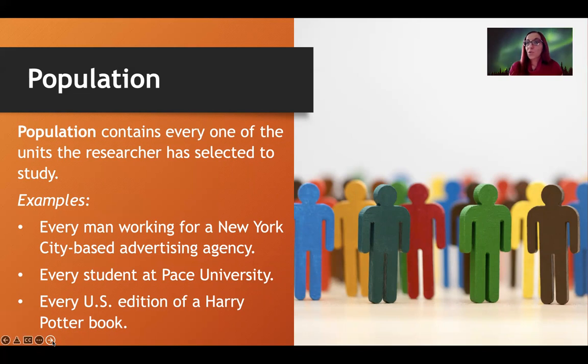Other populations that you could assess are every man working for a New York based advertising agency, or every student at Pace University. Every US edition of a Harry Potter book is also a population. As I said, selecting a sample is not only about selecting a sample for your survey, but it also means collecting a sample if you want to perform content analysis.